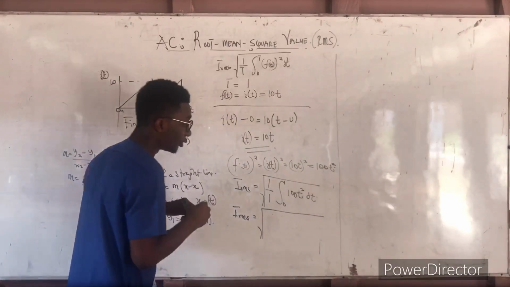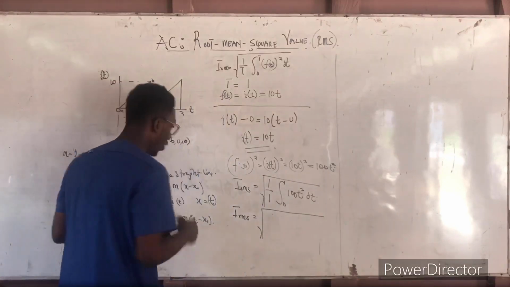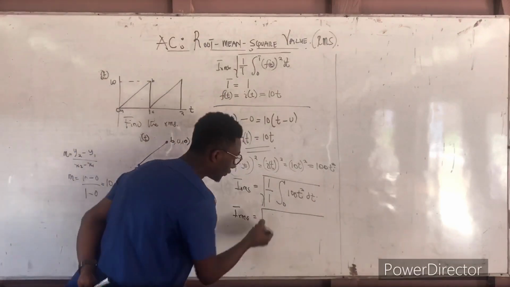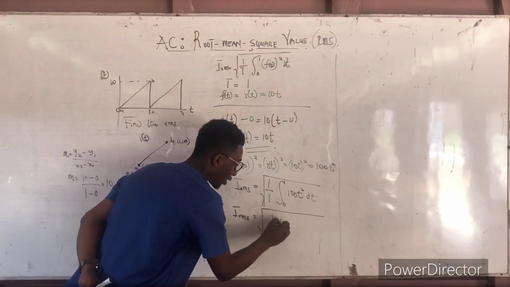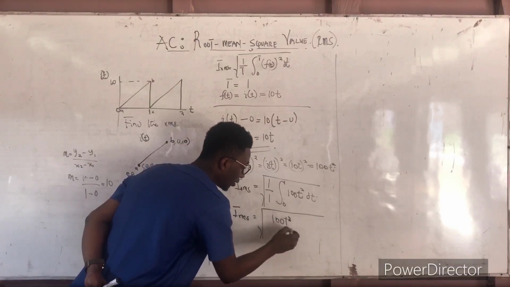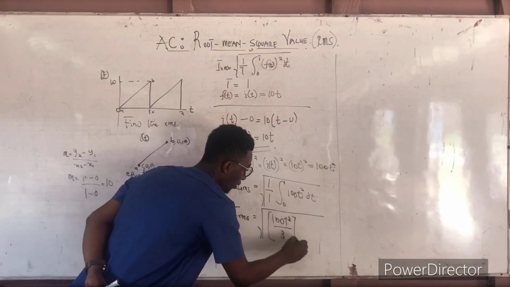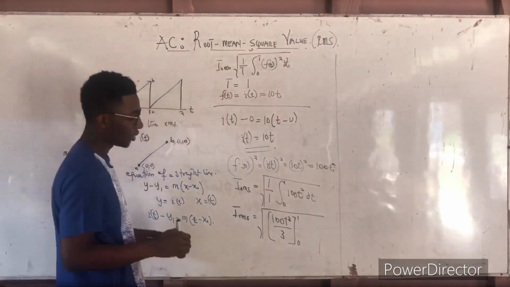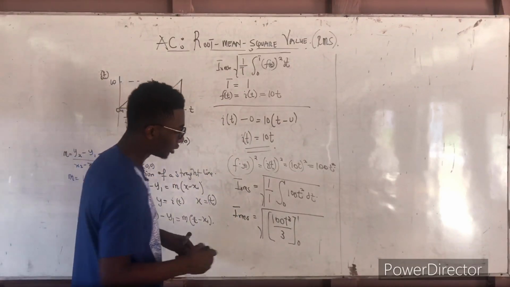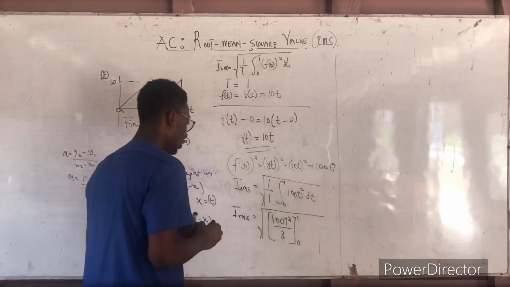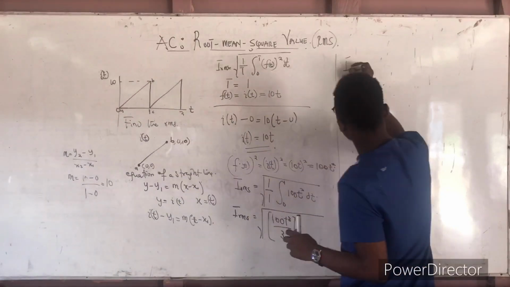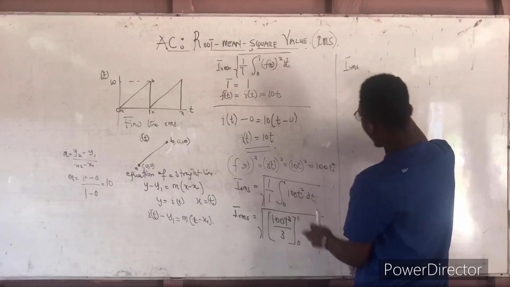When you integrate this function, we have 100t cubed on 3, and we put our limits, 0 to 1, here.